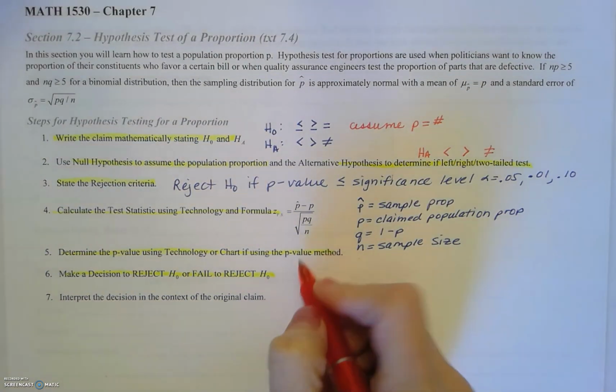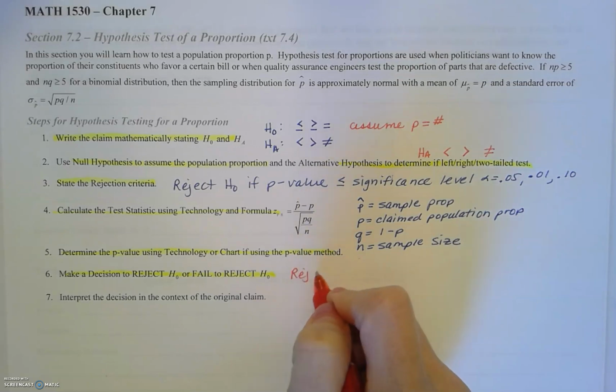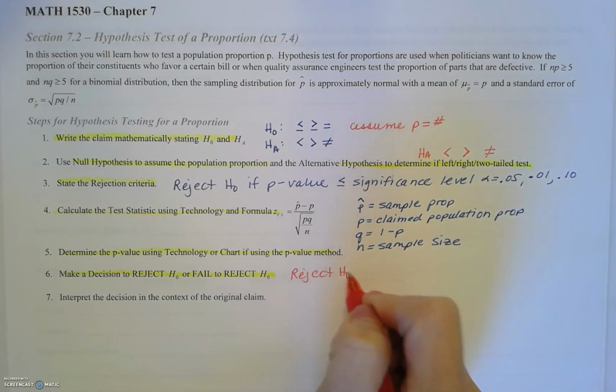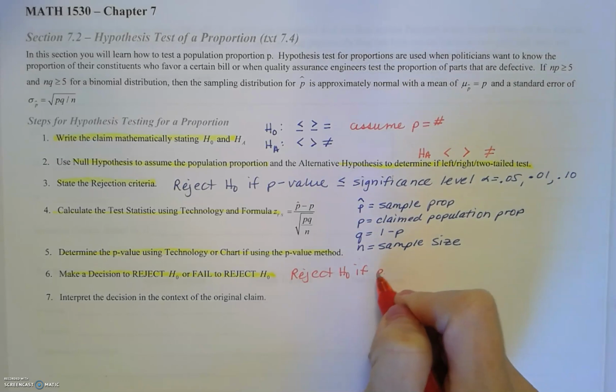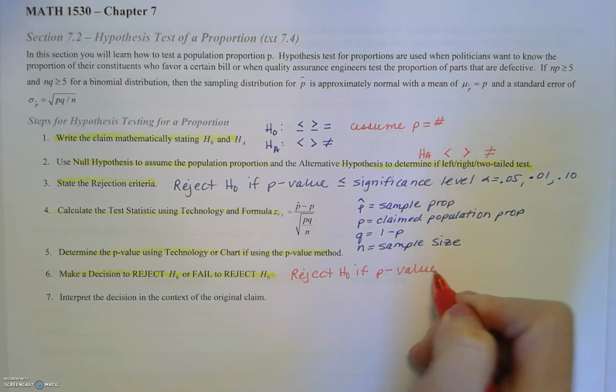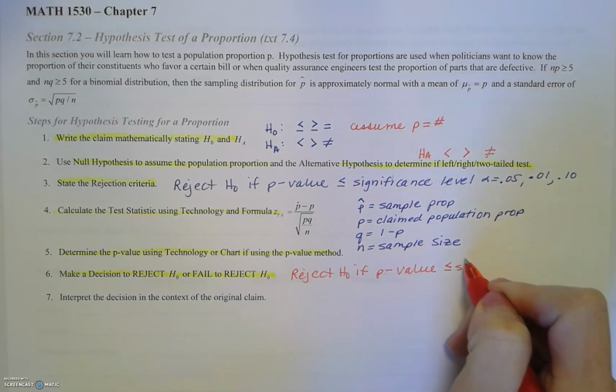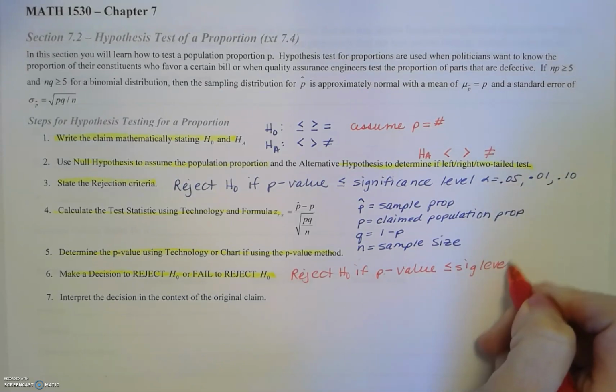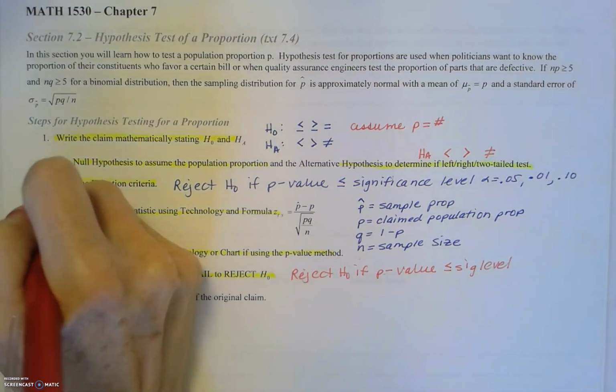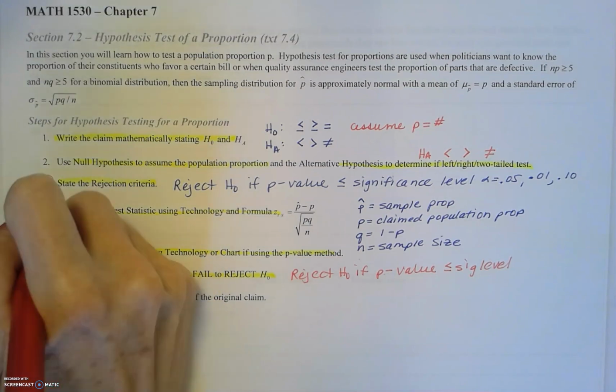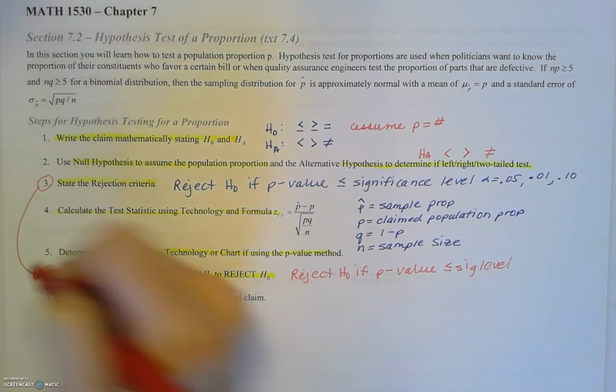So we're going to reject the null hypothesis if, remember, our p-value is less than or equal to our significance level. It kind of comes back to number 3. So number 3 and number 6 here, they kind of go together.